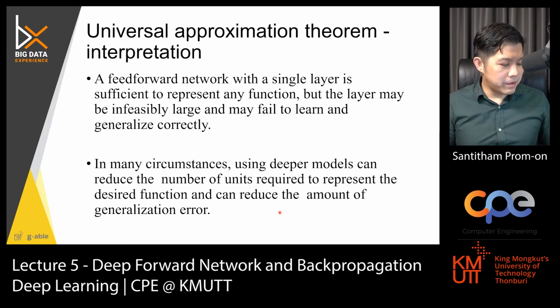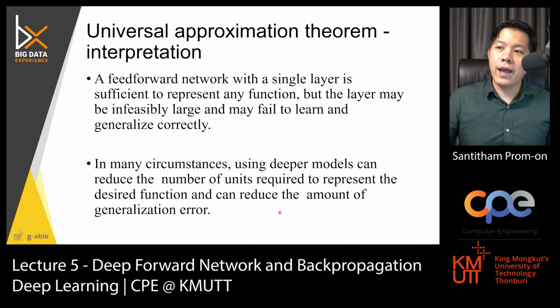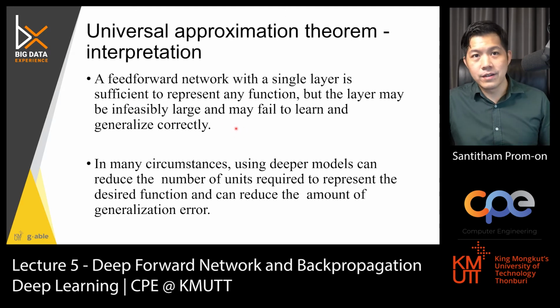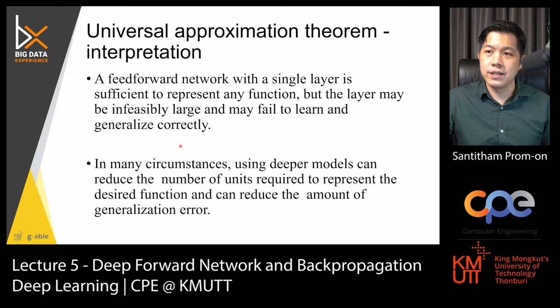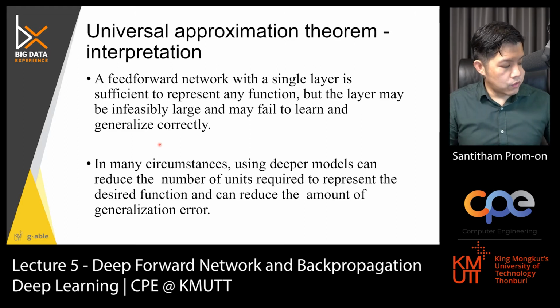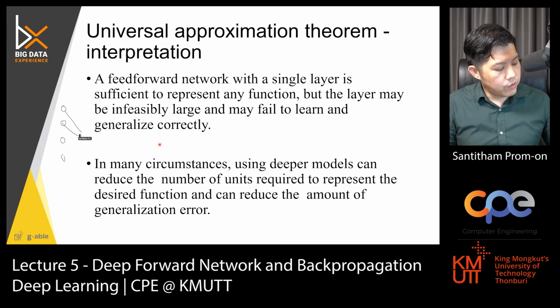So the interpretation is this: when you have a feedforward network with a single layer with sufficient hidden units, but you have an infinitely large scale of layers, it might still fail to learn the generalization correctly. Why is that? Because it might learn individual outputs. So say that you have this one as the estimation, and then you have many layers here, and say 3 nodes of input.